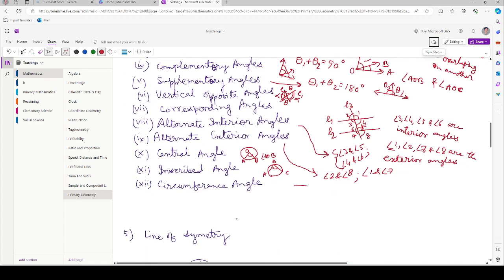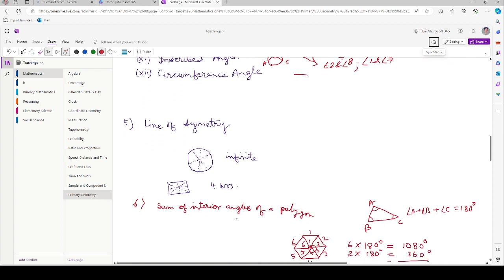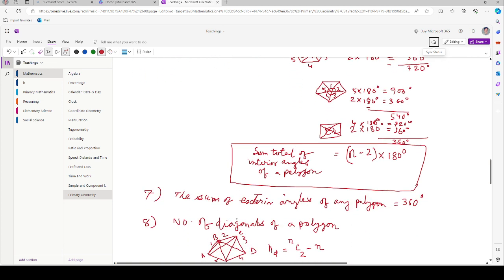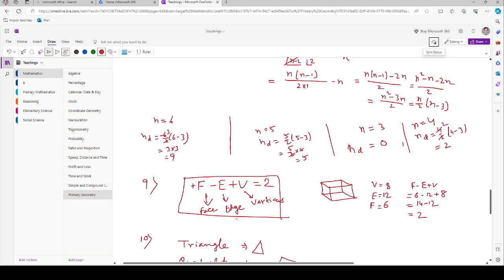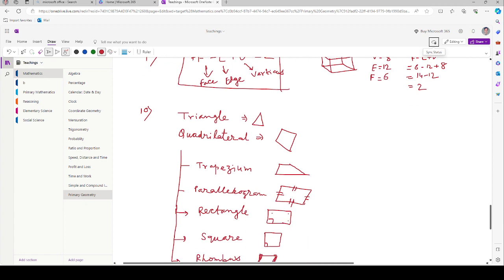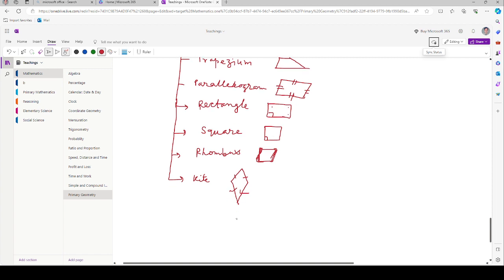Okay, and then we discussed the line of symmetry, sum of interior angles of a polygon, the sum of exterior angles of a polygon, number of diagonals of a polygon, and the relation between face, edge, vertices of an object, and finally the different types of figures or fields like triangle, quadrilateral, trapezium, parallelogram, rectangle, square, rhombus, kites, etc.